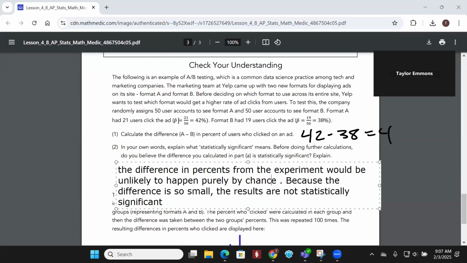But looking at the two different clicks on the ads, they're very, very close. Is there a reason why? The ads are good, but they're not working.